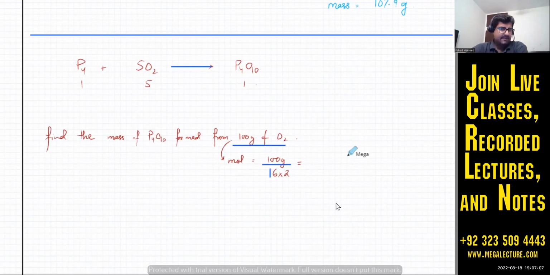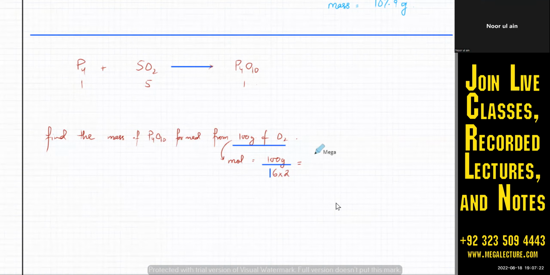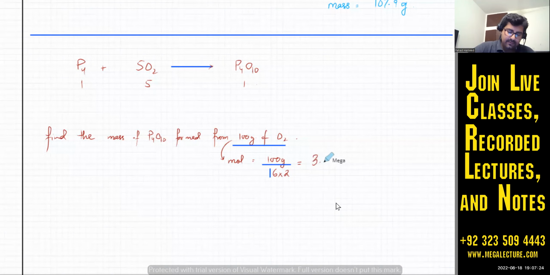How many moles is this? 3.125. So I found out the moles of O2, which is 3.125.